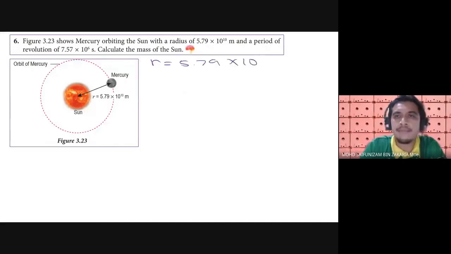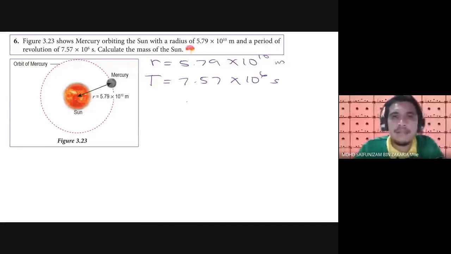The period of revolution T equal to 7.57 times 10 to the power of 6 second. Calculate the mass of the Sun.